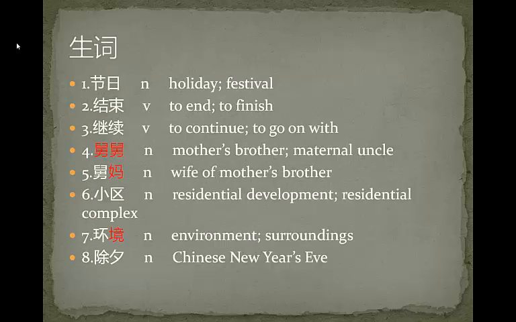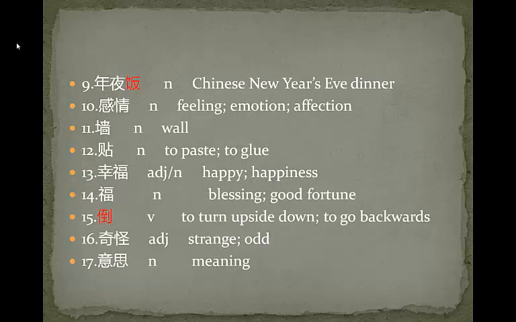除夕晚上, sorry, it's a little redundant. 除夕我们要吃年夜饭。Okay. So on Chinese New Year's Eve, we will eat the New Year's Eve dinner. Right? Keep going. 我和我的朋友感情很好。So my friends and I, the relationship between us is very good.